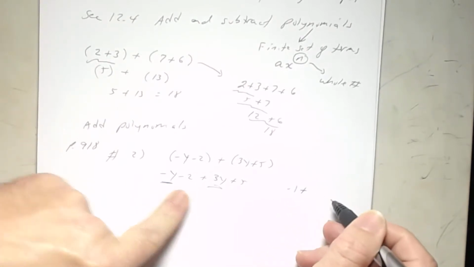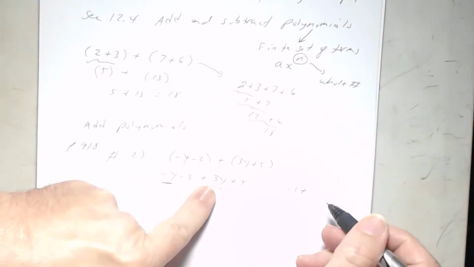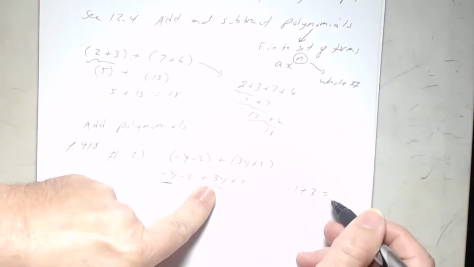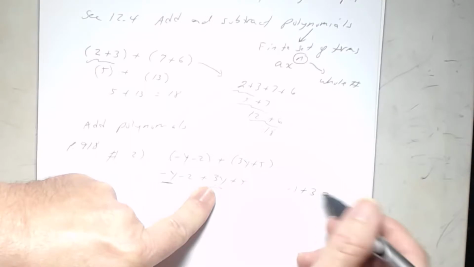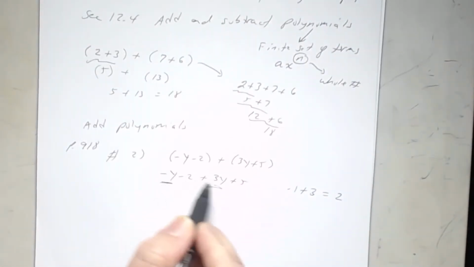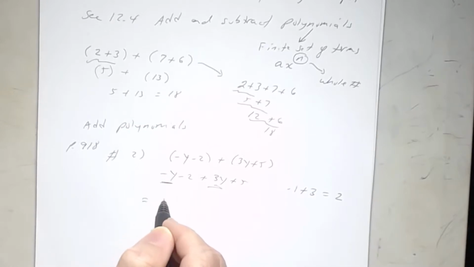And you're going to add that to that other coefficient. What's this coefficient here? And if you don't remember your sign numbers, use your calculator. What's negative 1 plus 3? Okay, so that means negative y and 3y is going to give me what? 2y. Very good. And then remember, if there's only one variable, we tend to write in descending order.